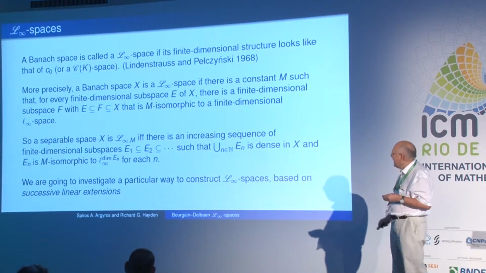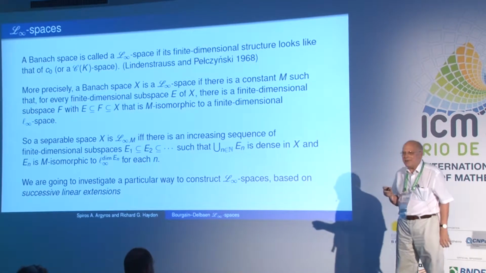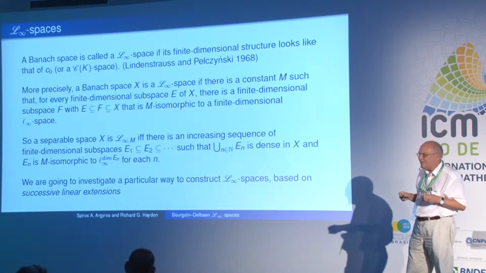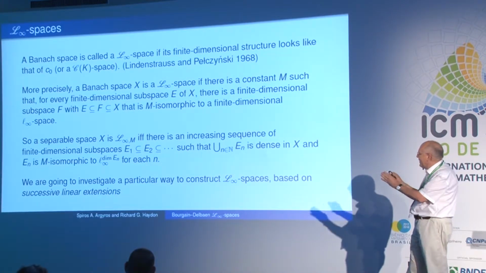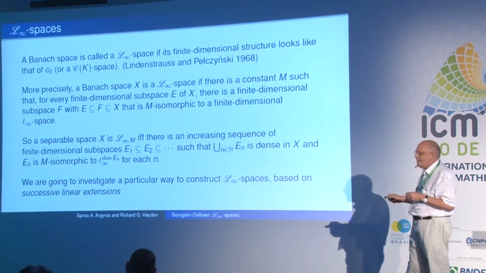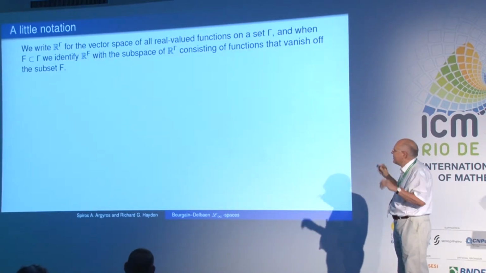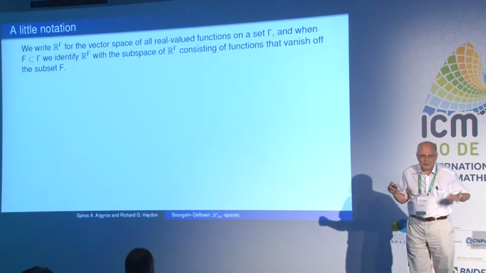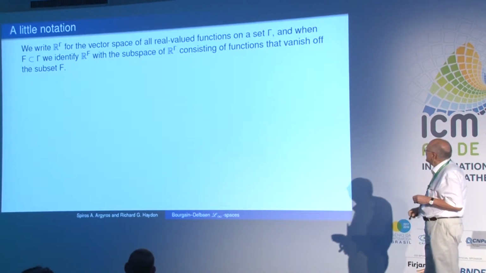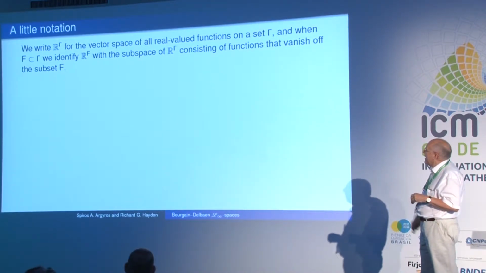So a particularly nice way of embedding one L infinity space into another is by a linear extension. I'll start off by talking about pure algebra, so there are no norms here at the moment. Notation: R to the gamma is what you expect.